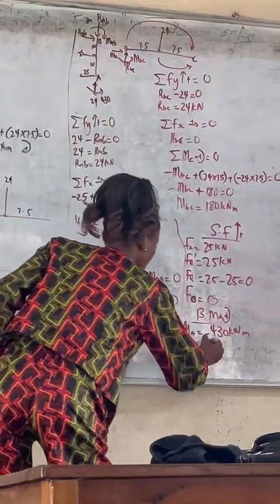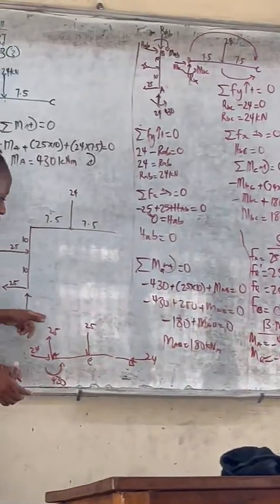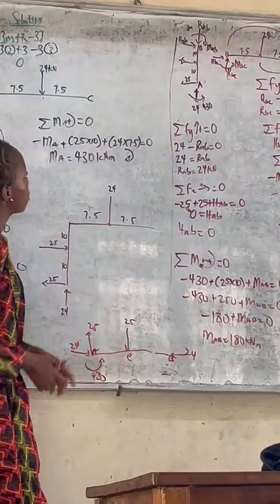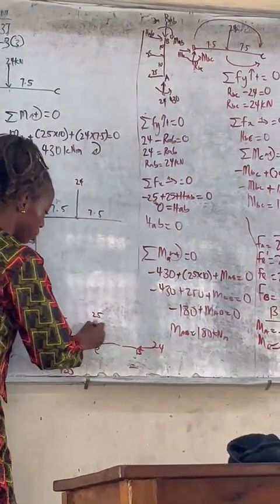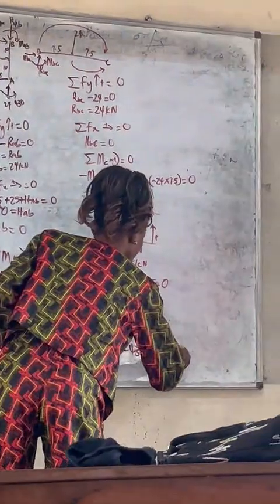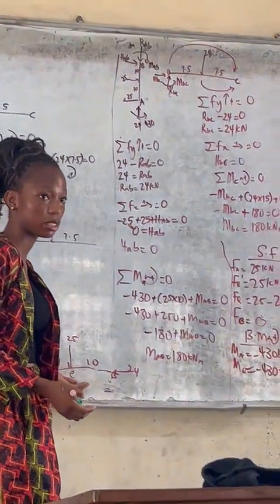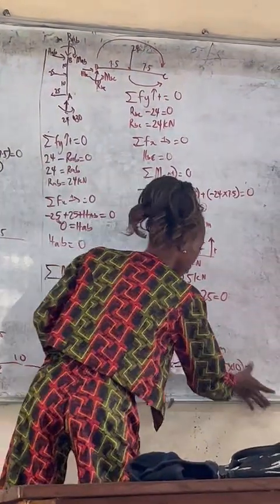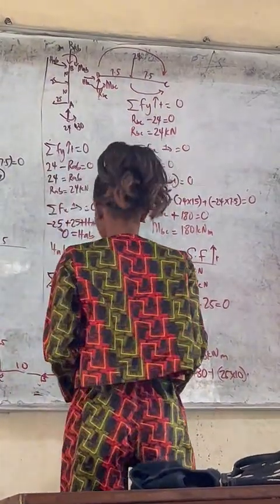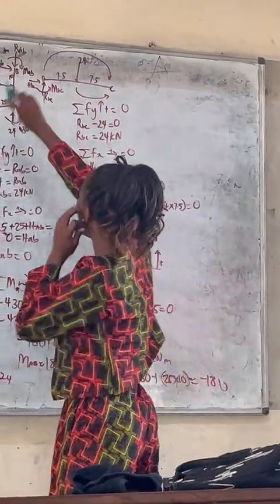Therefore, negative force plus this force is going to act on it clockwise. Remember the distance we have here. So you have 25 plus 10, there's no other force acting, so you stop. So you have minus 430 plus 25 plus 10. That's what? Negative 180.